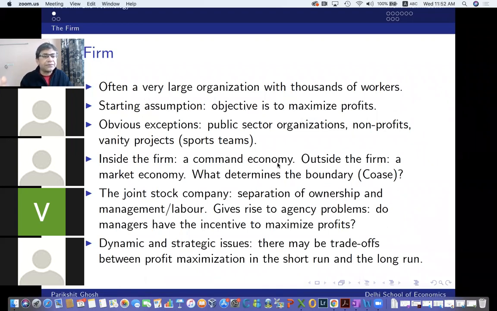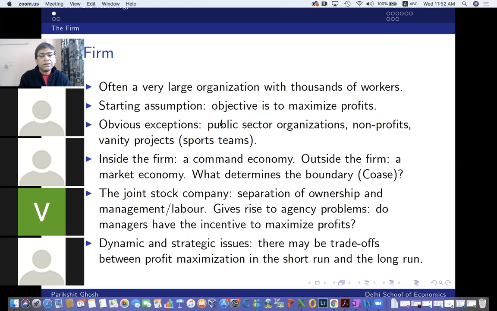And then there are things like vanity projects, for example, IPL teams. It's not obvious at all that their owners want to maximize profits. Maybe they want to maximize trophies or glory or something like that. So having said that, I think in a modern capitalist economy, it's not a bad starting assumption to say that your typical firm is a profit maximizer.